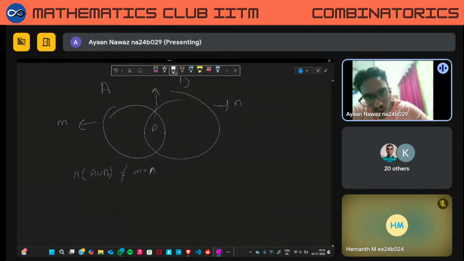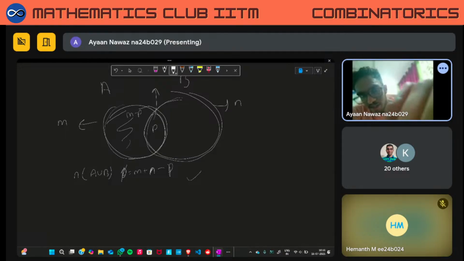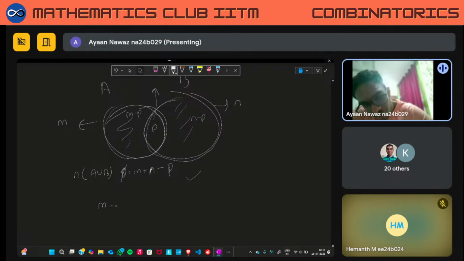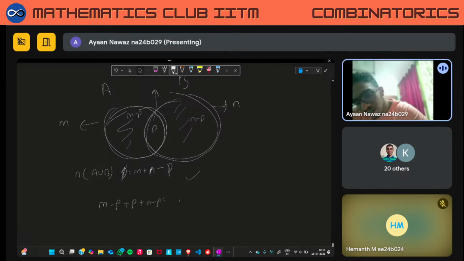Why? Because we're counting the intersection twice. The first time we count m, we're counting this p. The second time, again we're counting this p. So we have to subtract p. Or simply, this portion has m minus p elements, and this portion has n minus p elements. So that will be m minus p plus n minus p plus p, which is m plus n minus p.